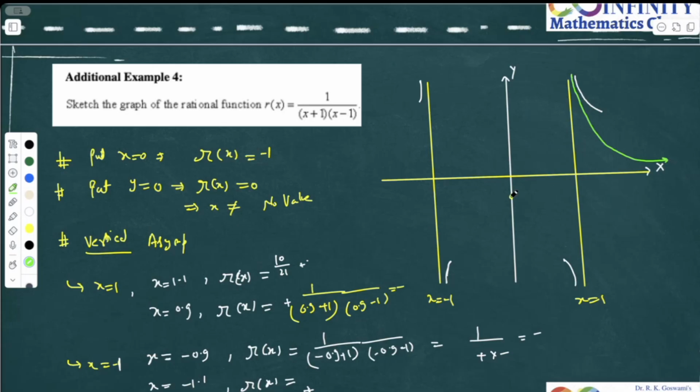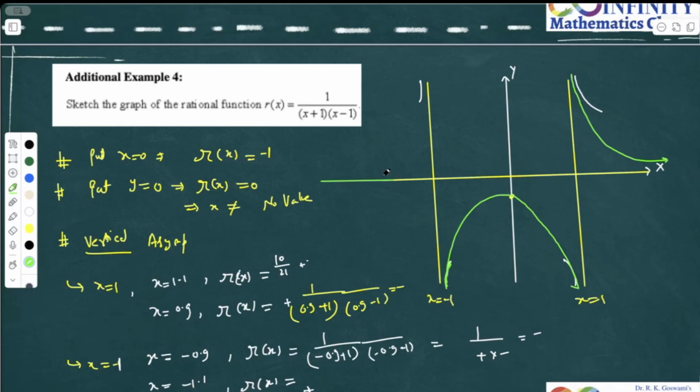Now the graph intersects this curve. I told you it is negative on the right of minus 1. On the left of 1, also it is negative. So expected, because it is just a polynomial, it will go like this. Really just connecting the points. This is an asymptote for you.